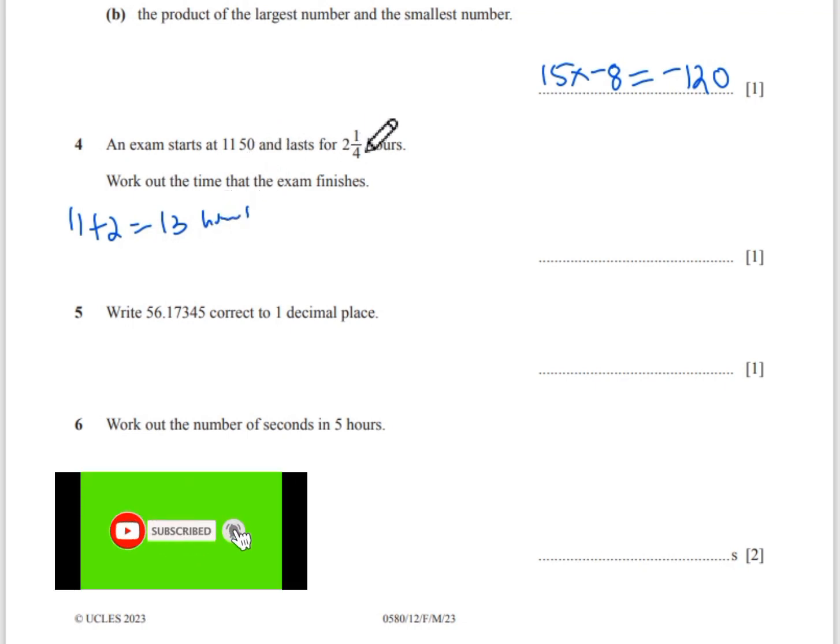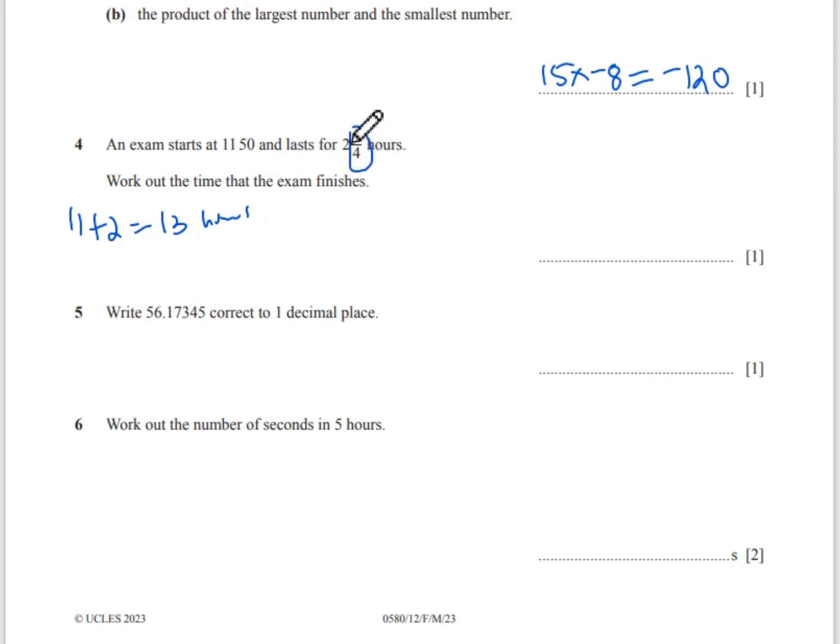Now let's solve for 1/4 hours. That's 1/4 multiplied by 60, since you have 60 minutes in 1 hour. This gives us 15 minutes.